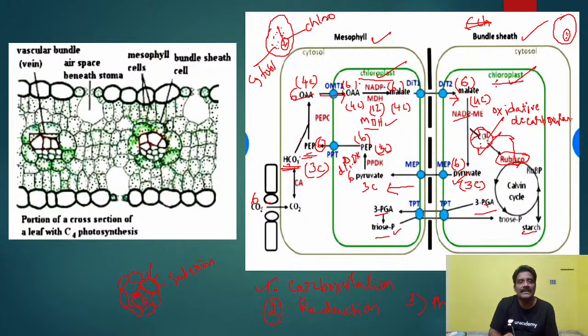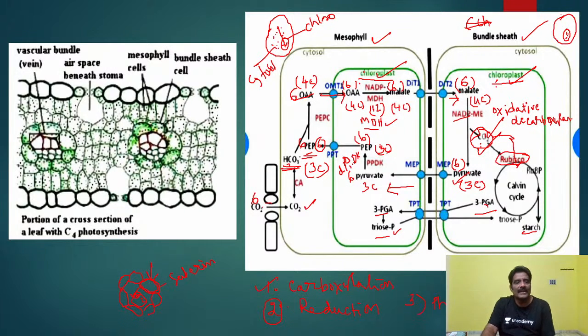Six molecules, so again the same process happens. Carbon dioxide combines with PEP and forms 6 molecules of OAA here. This is the first product. PEP is the carbon dioxide acceptor here. Okay, are you following or not?